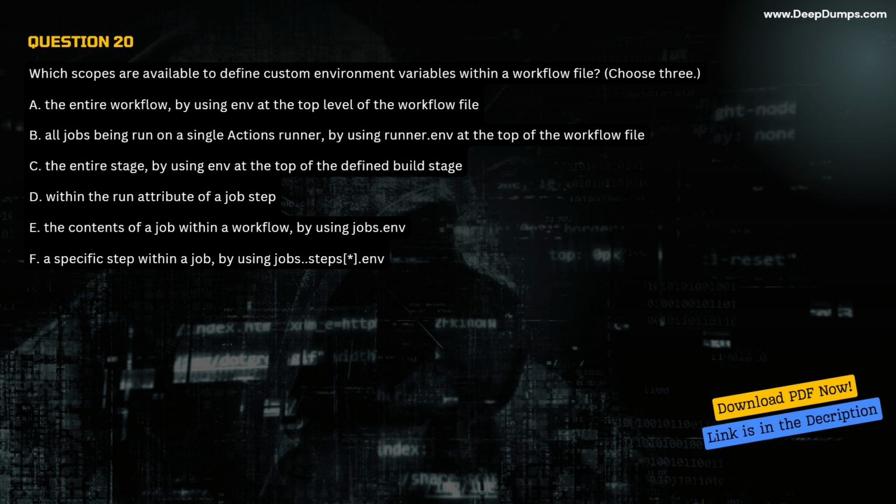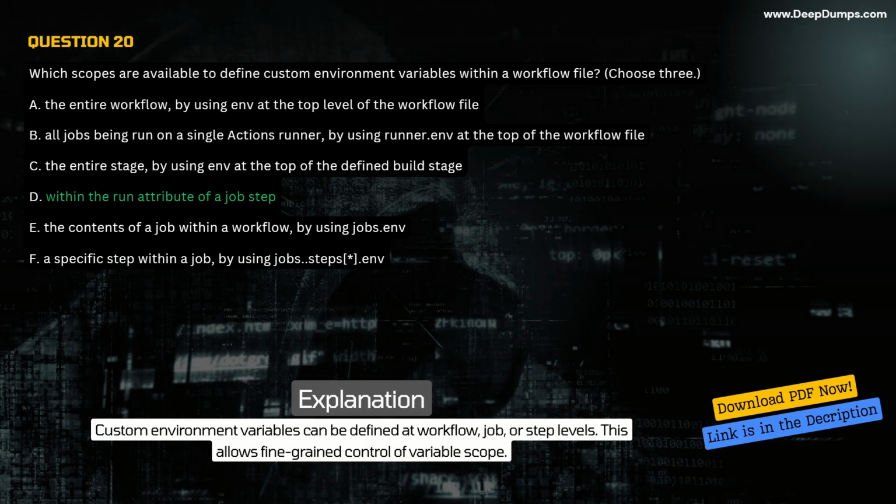E. The contents of a job within a workflow, by using jobs.env. F. A specific step within a job, by using jobs.steps*.env. Correct answer D. Within the run attribute of a job step. Explanation. Custom environment variables can be defined at workflow, job, or step levels. This allows fine-grained control of variable scope.